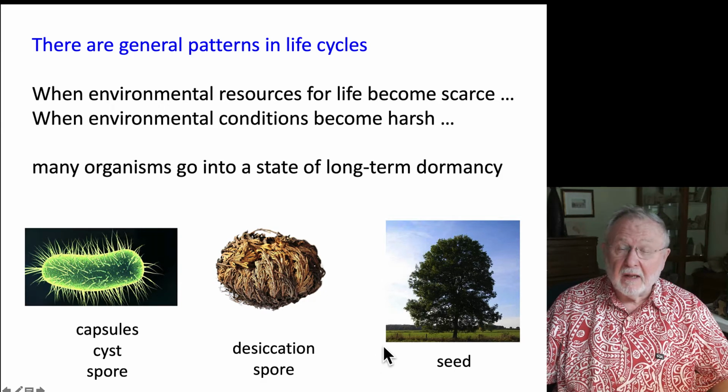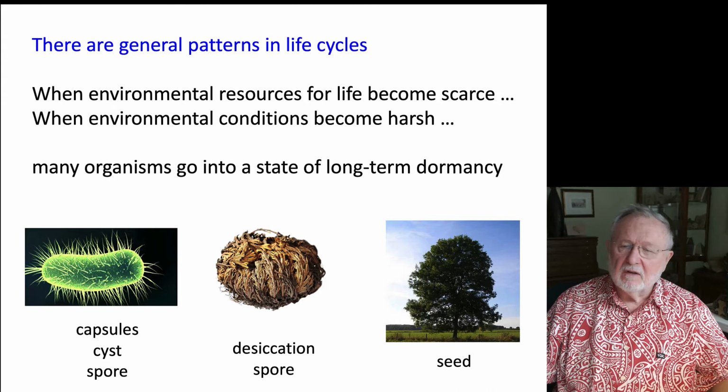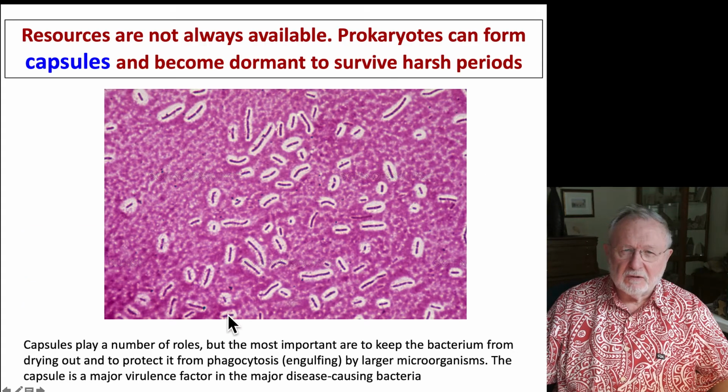In higher plants, we find seed formation. We don't have an analogous feature in all animal systems. Although some animal systems are able to go into a resting stage, that will be talked about when we talk about form and function in animal systems.